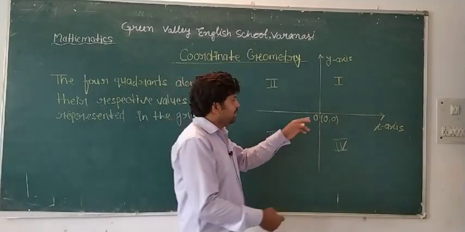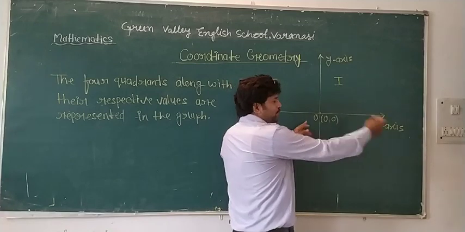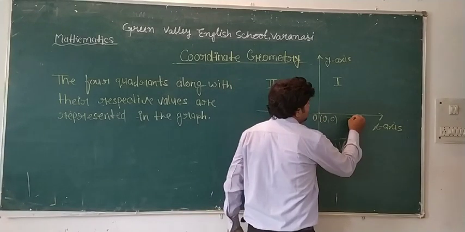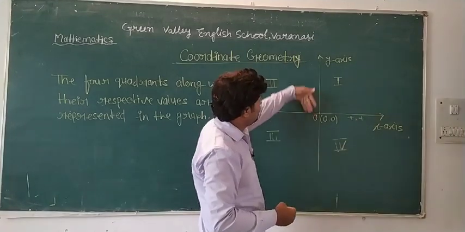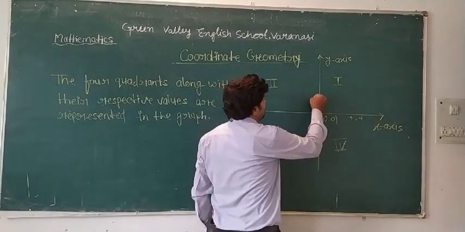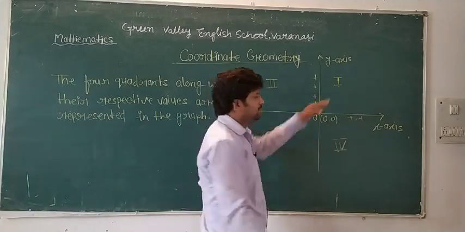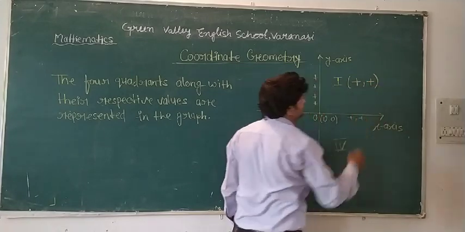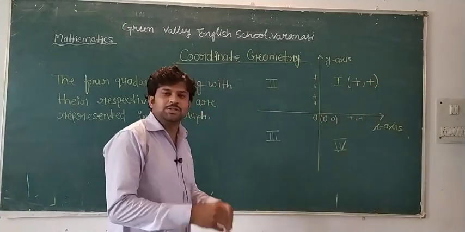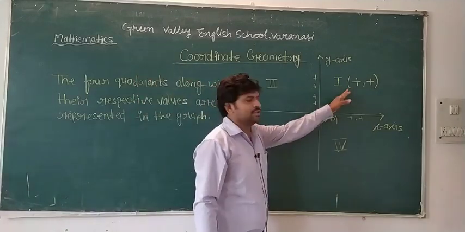When we are going to find the exact position of points in the first quadrant, as you know, when we go to the right side from the origin, all numbers are positive, and when we go upward, the sign is plus, so the sign of the coordinates is plus plus. It means all positive coordinates lie in the first quadrant.